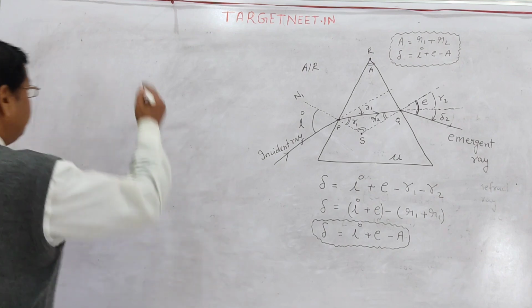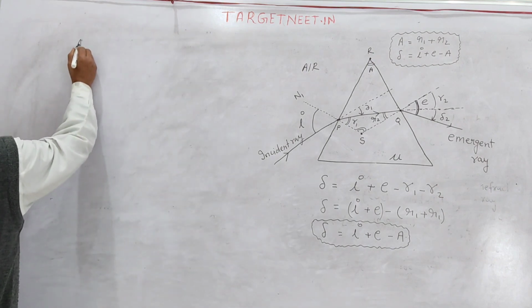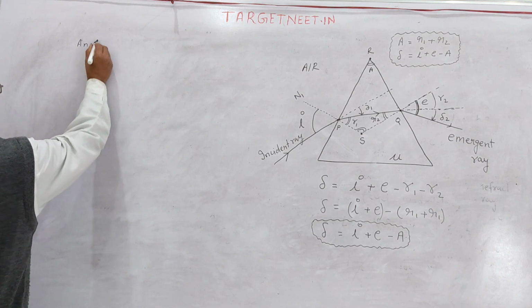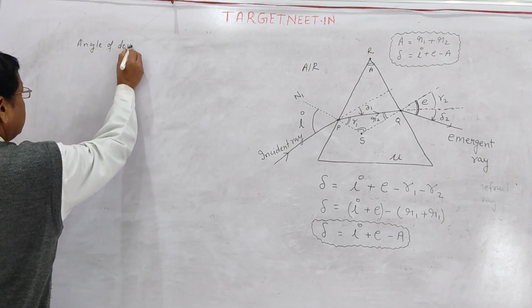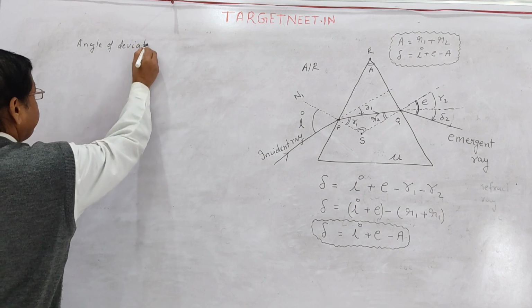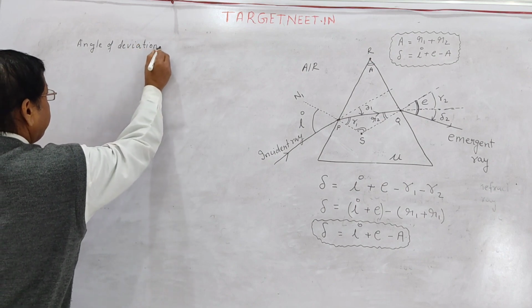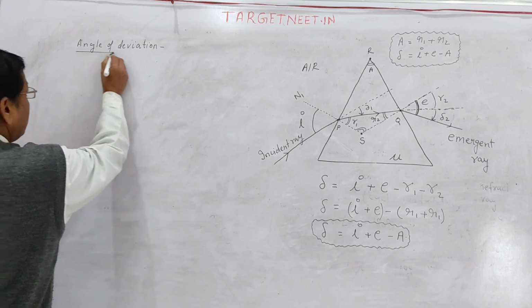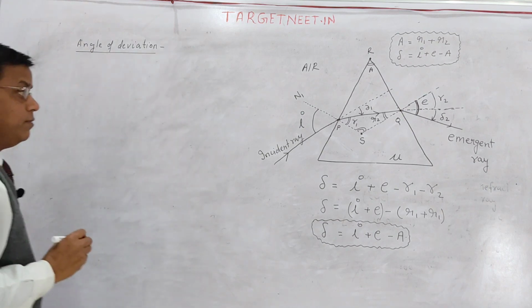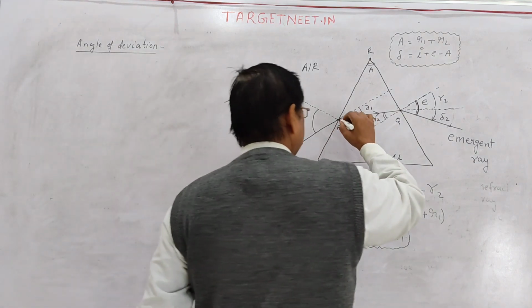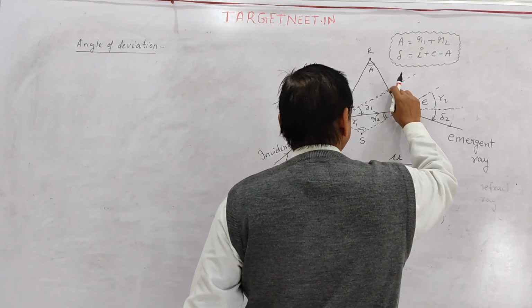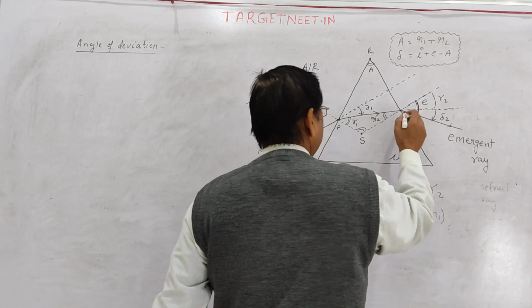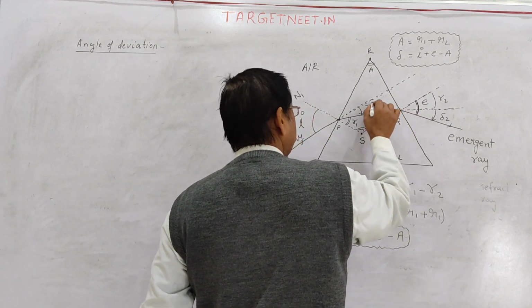Define angle of deviation. What is the angle of deviation? See, this is the direction of the incident ray, and this is the direction of the emergent ray.